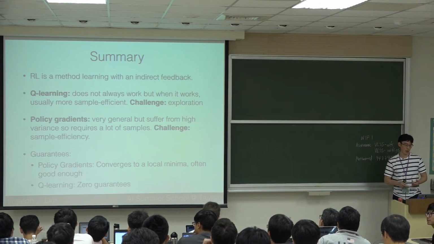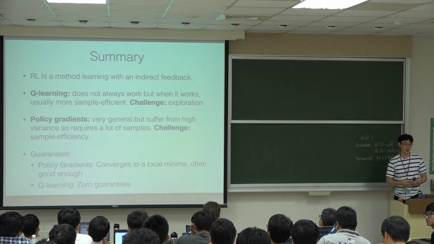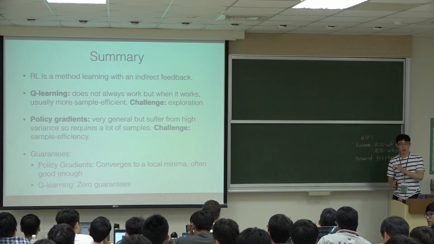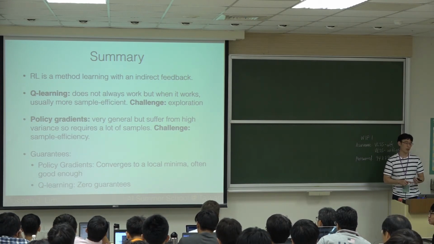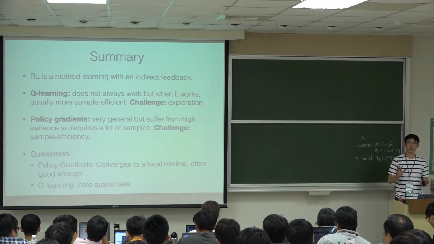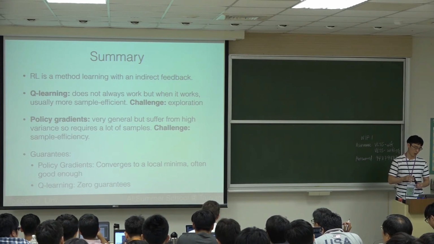We talked about Q-learning and policy gradient, and each has its own challenge. To address that, we combine them into the actor-critic model. There are a few more variations, but if you understand these three methods, Q-learning, policy gradient, and actor-critic, pretty much everything else is just some variation of these three.